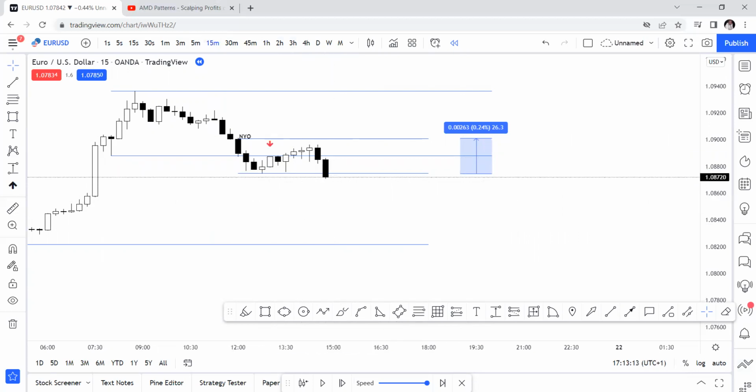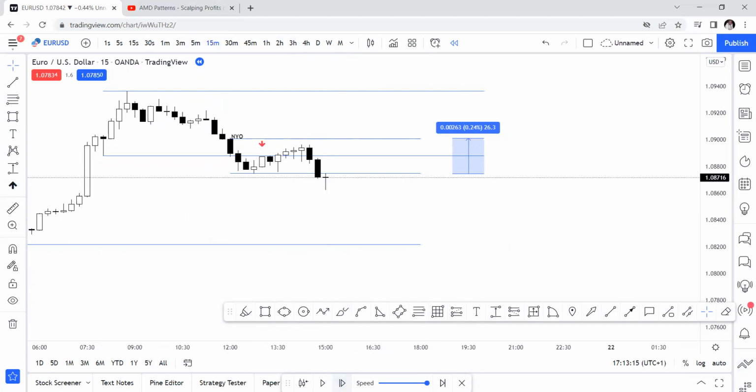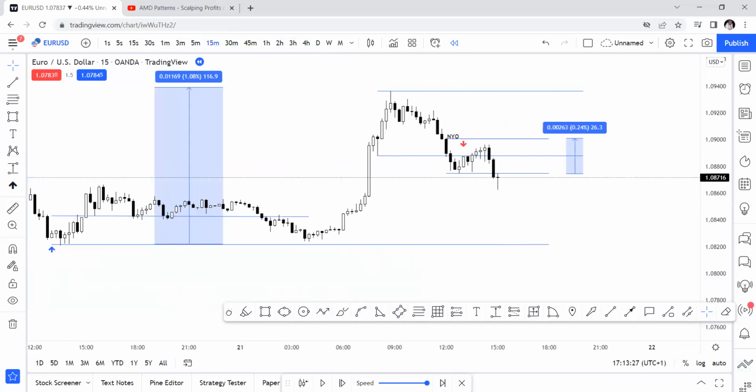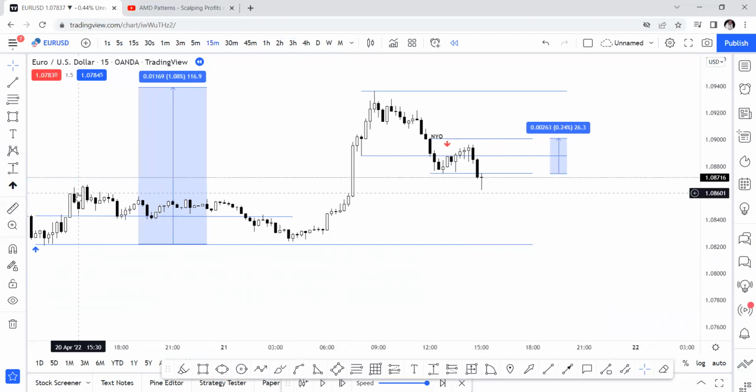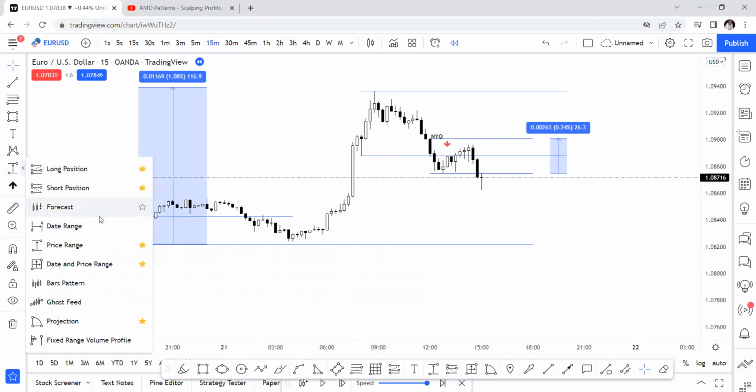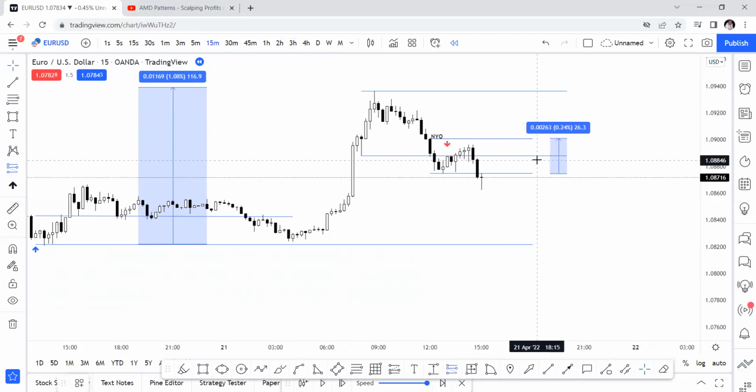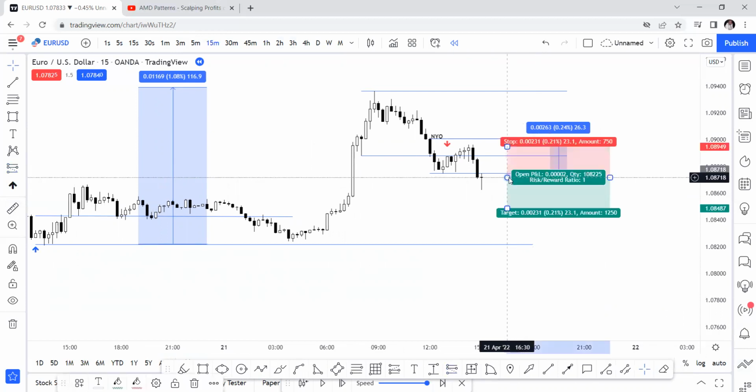Then what happened next? At the close of that bar, you must be very, very smart and fast. You enter your sell straight.